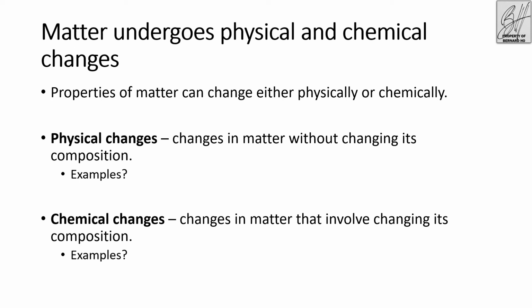So the composition of the original octane, C8H18, has become a combination of different substances, and it's chemical in nature because of that change in composition. The actual changing of composition is the chemical change, but the ability to undergo that change is the chemical property.